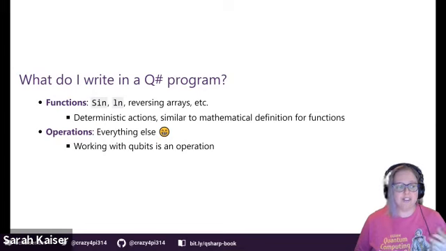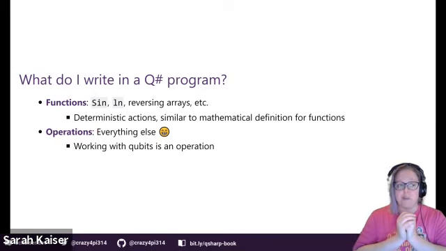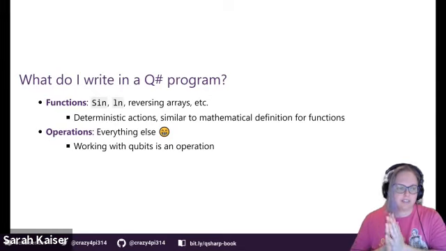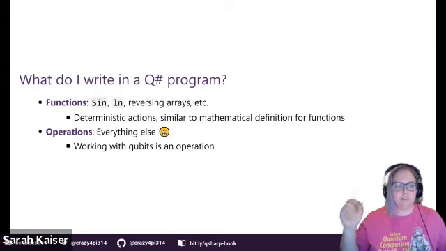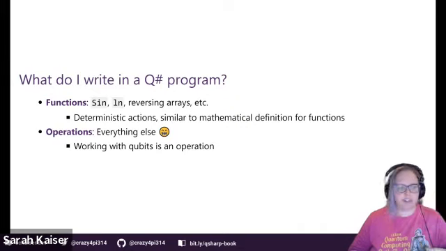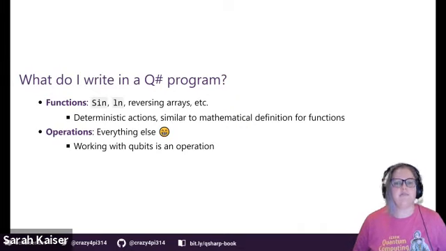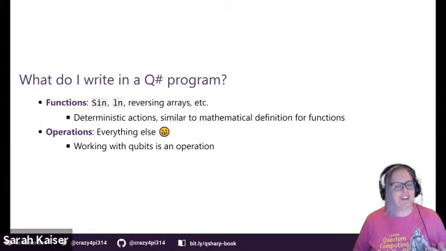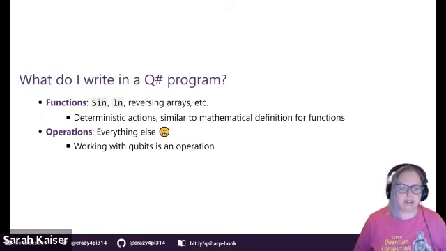Functions are kind of like mathematical functions, things that are deterministic and classical, like maybe reversing an array or calculating sine or a log. Operations are basically everything else. In particular, if you're working with qubits, operations on qubits are viewed as side effects in Q#, so that has to be an operation.